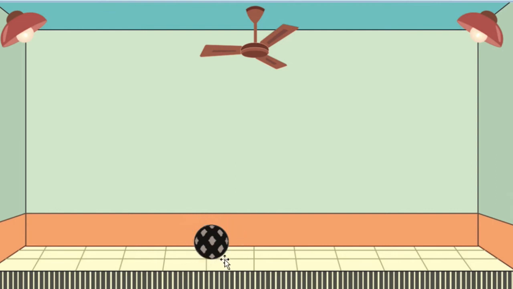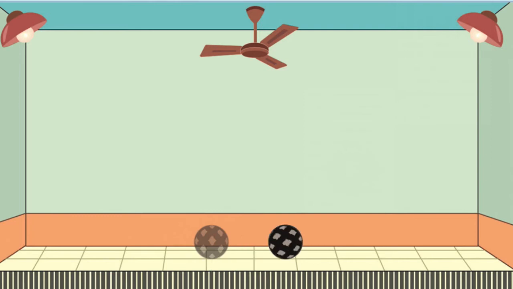Look, the ball starts from here. It stops at this position. There is a difference between the initial or the starting position and the stopping or the final position. Therefore, at position 2, the distance and the displacement are same.